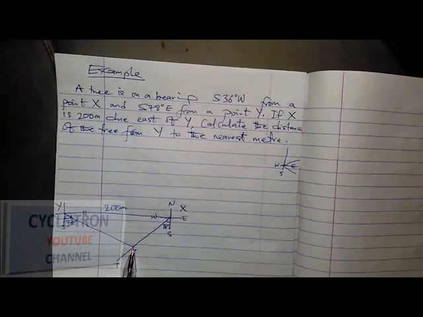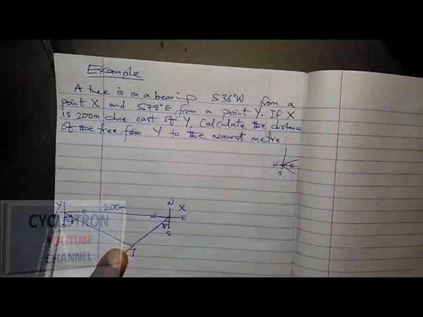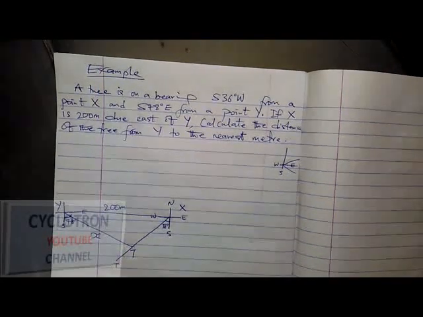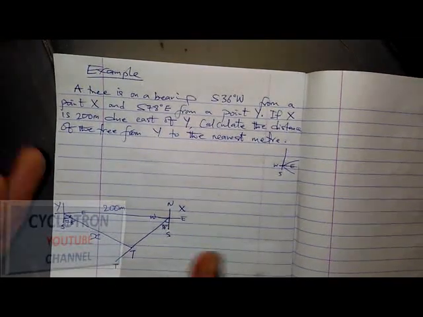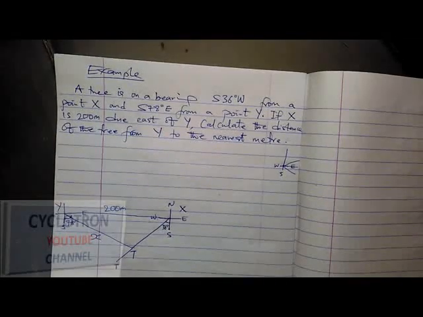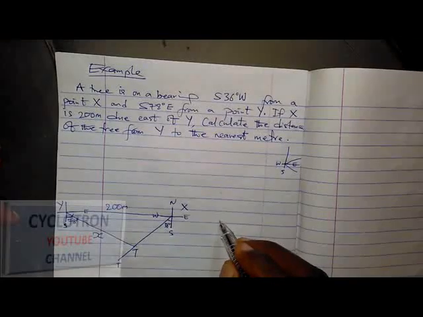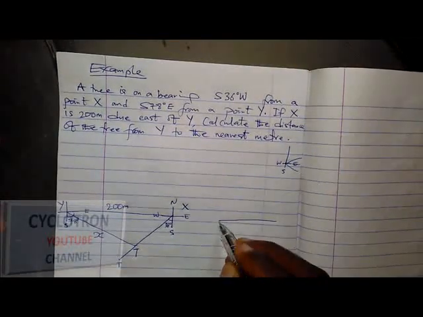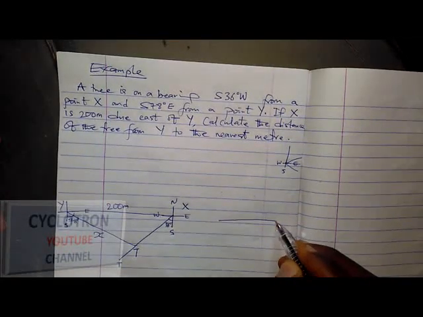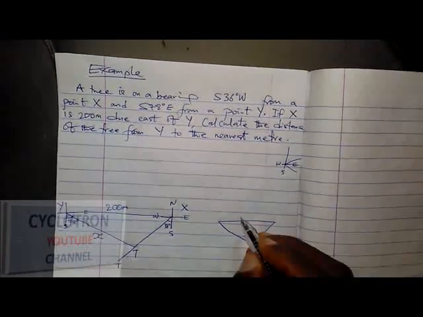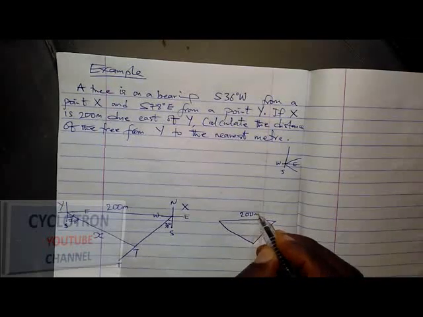The distance of the tree from Y, this is what we are looking for. Let's use x to represent that. Now we have a triangle. This is the triangle, something like this. This is 200 meters.